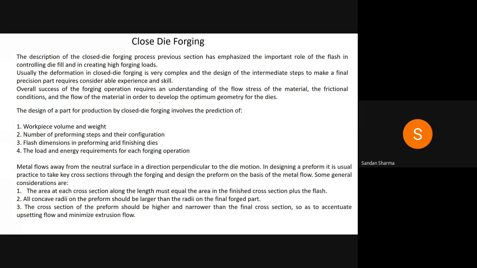So in closed die forging it is a bit complex because everything is going inside a closed die. This is very complex and designed for the intermediate steps to make a final precision. So usually in closed die forging condition we are going with preforming condition.